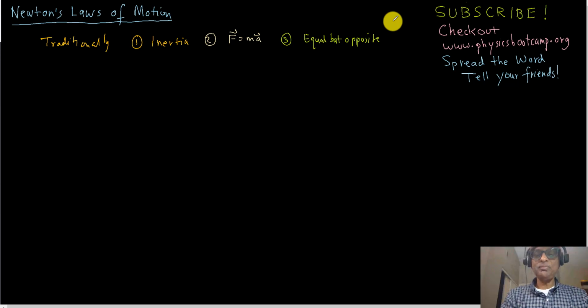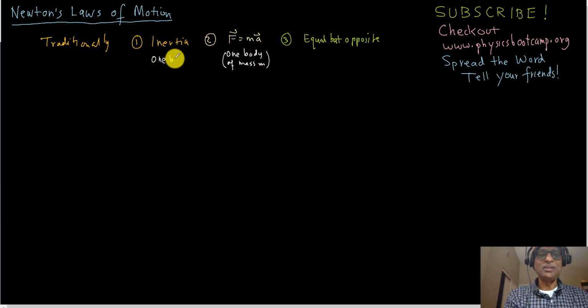So it's about two bodies. The first one is about one body, the second is about also one body of mass m, and the third is about two bodies.